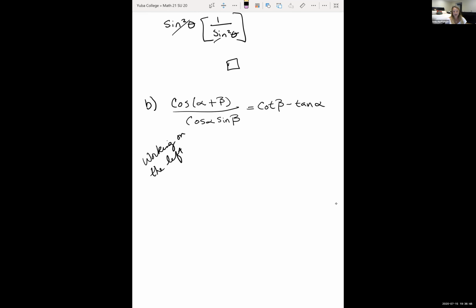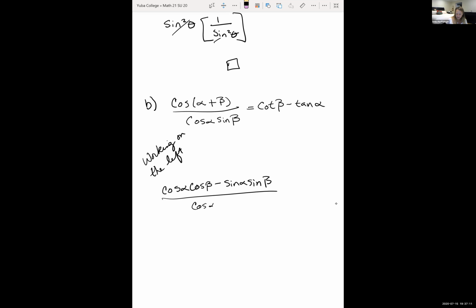I noticed that cosine alpha plus beta, I can change that using the sum of angles for cosine. Cosine again is cosine, cosine, sine, sine, opposite sign in between. So this is cosine alpha, cosine beta, opposite sign, minus sine alpha, sine beta, all over cosine alpha, cosine beta.